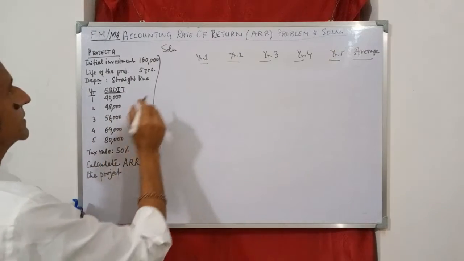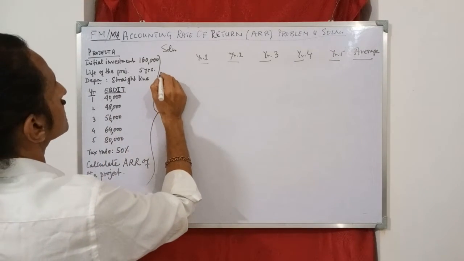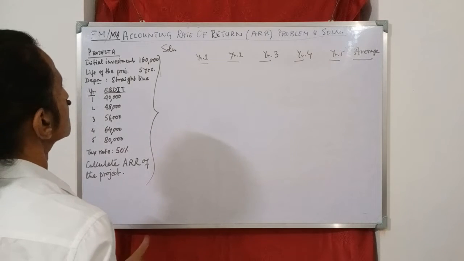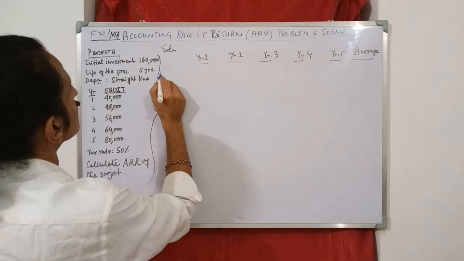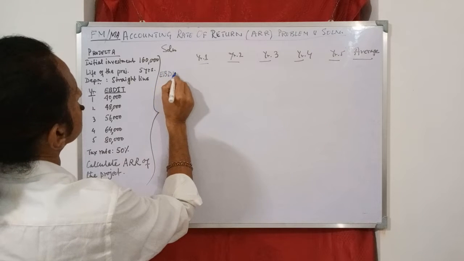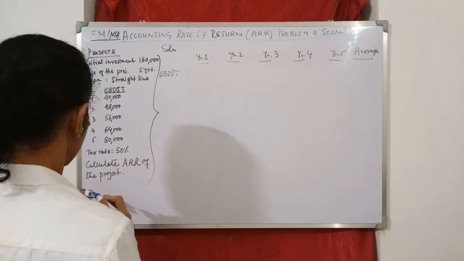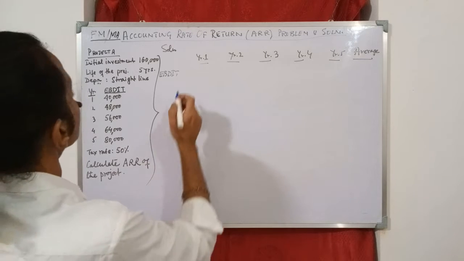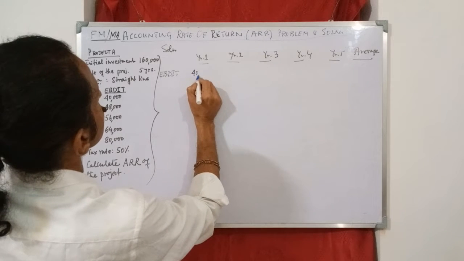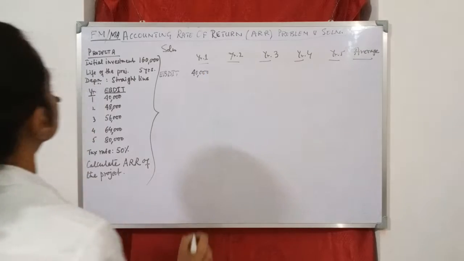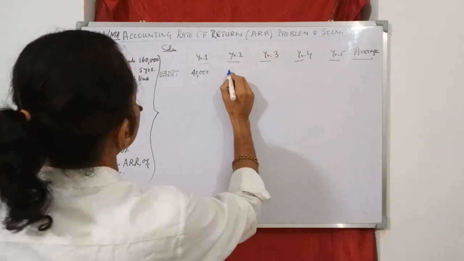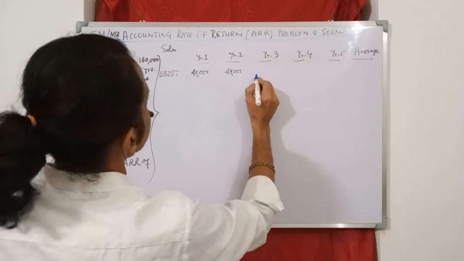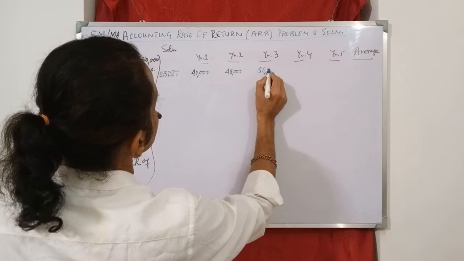First, EBDIT. In year 1 it is $40,000. In year 2 it is 48,000. In year 3 it is 56,000.